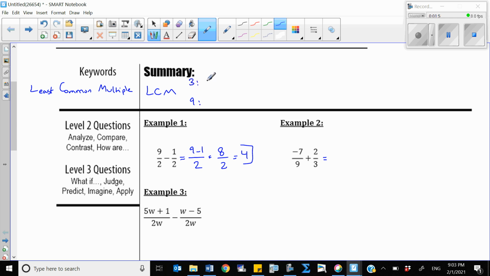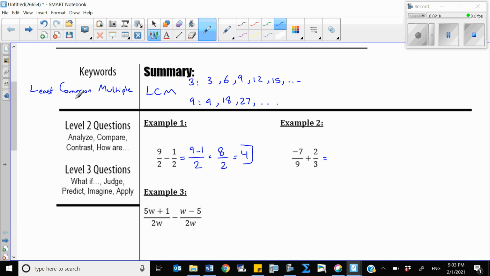You just need to list all the multiples of these two numbers. Like 3 times 1 is 3. 3 times 2 is 6. Times 3, 9. Times 4, 12. 15, and so on. The next one is 9. 9 times 1 is 9. Times 2, 18. Times 3, 27, and so on. Our goal is to find the least common multiple.